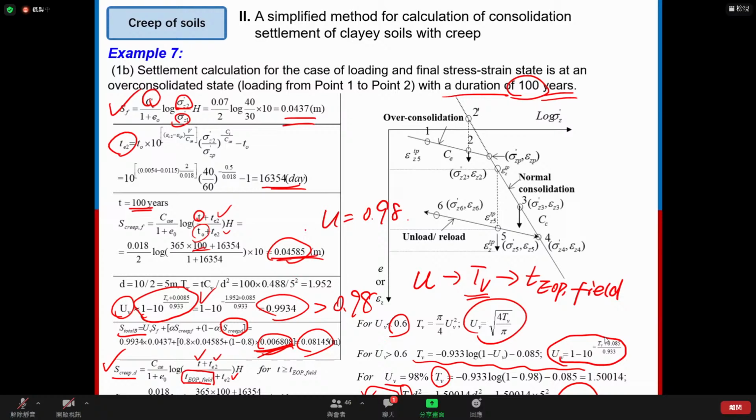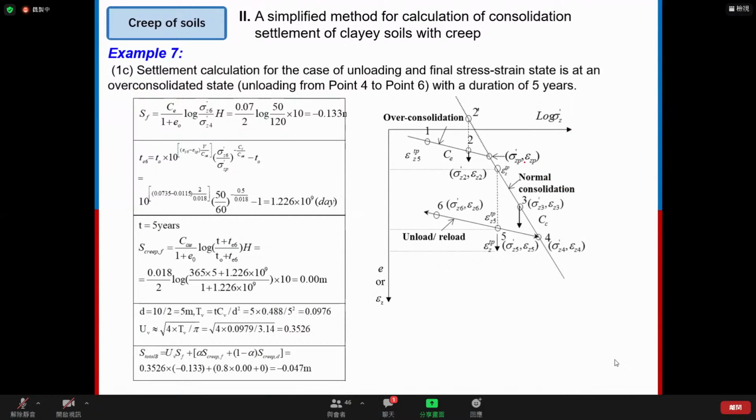So when the duration becomes large enough, with U larger than 0.98, we should do something different. One is to calculate UV, the equation for calculating UV. Another is that we should add the S-curve D. These are two different aspects. We should pay more attention when U is larger than 0.98.